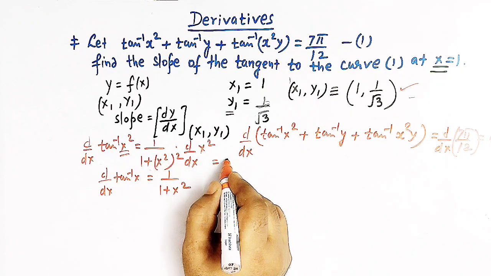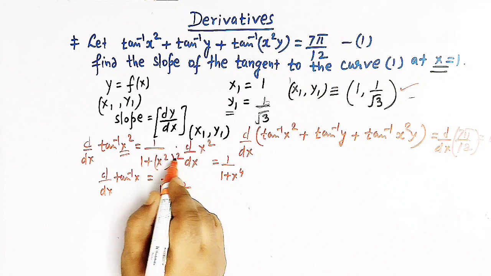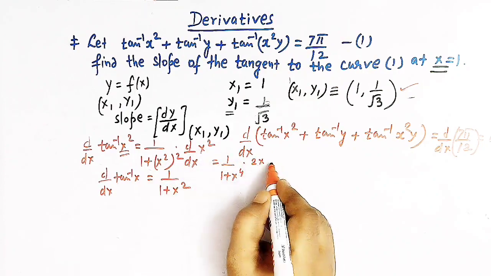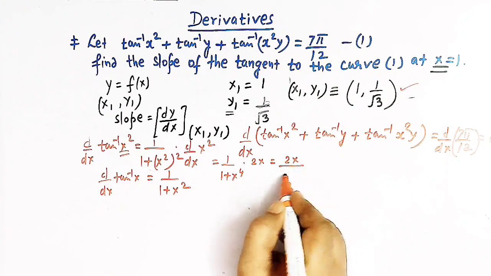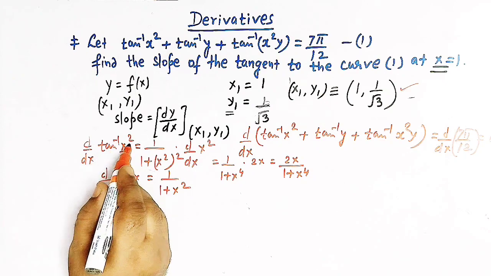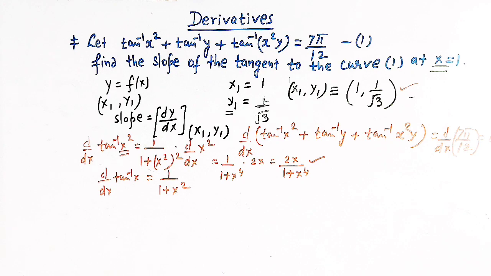So here we have 1 over 1 plus x raised to 4, since 2 times 2 is 4, and the derivative of x square is 2x. So we have 2x over 1 plus x raised to 4. So the derivative of tan inverse x square is given by 2x over 1 plus x raised to 4.